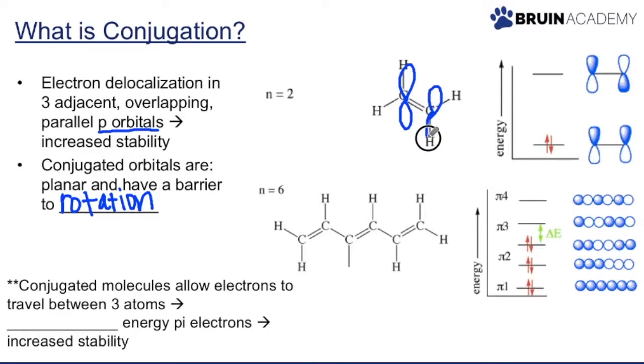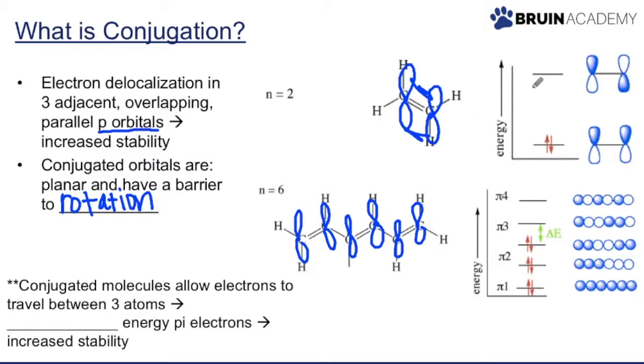So this alkene here has only two adjacent overlapping p orbitals to form this pi bond, whereas this molecule has many, more than three actually. So we can see that there's conjugation in this molecule, and these are the p orbitals that I'm quickly drawing in there. You can see that there's some pi bonds forming to make this molecule conjugated.